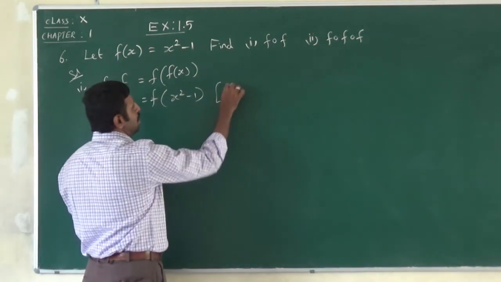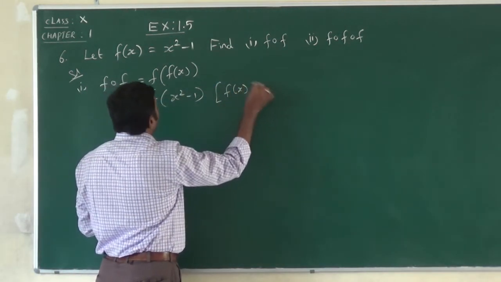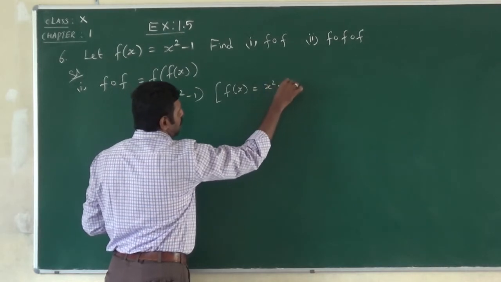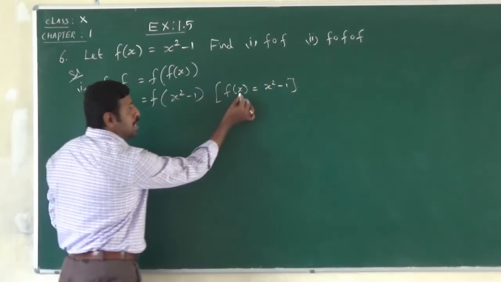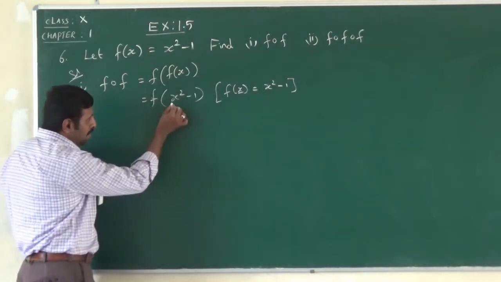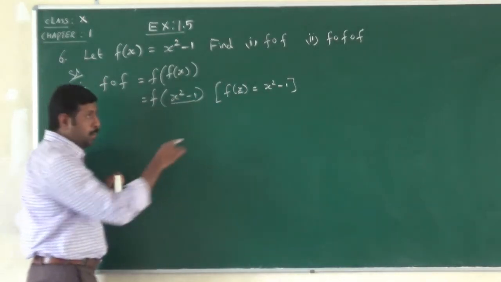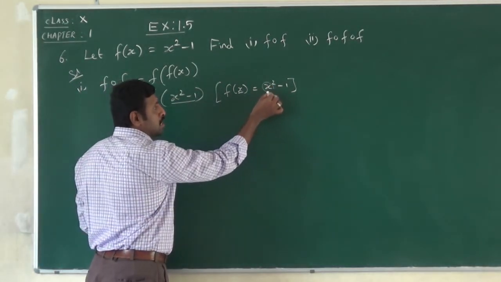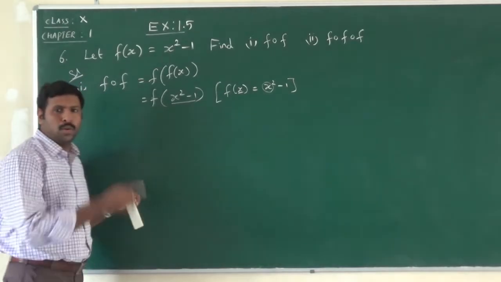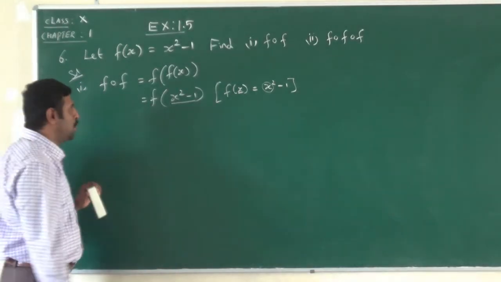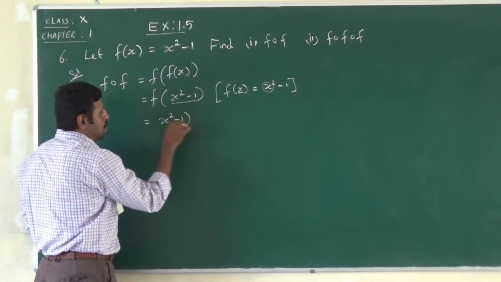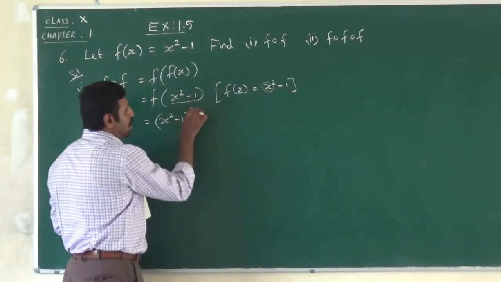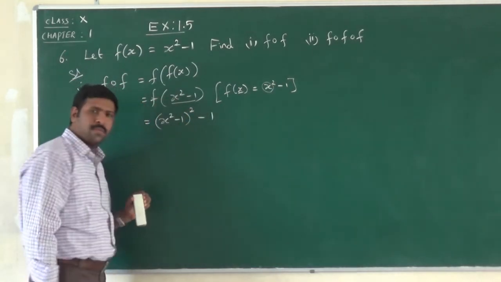Now compare with f of x. The function is x square minus 1. So in the place of x, we have to substitute the value x square minus 1. So x square minus 1 whole square minus 1.